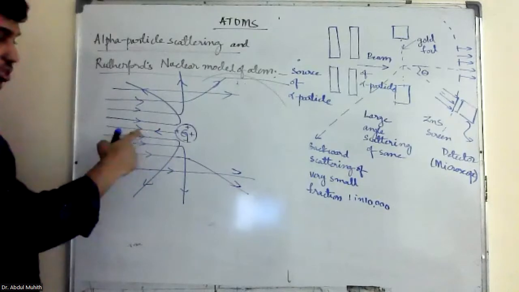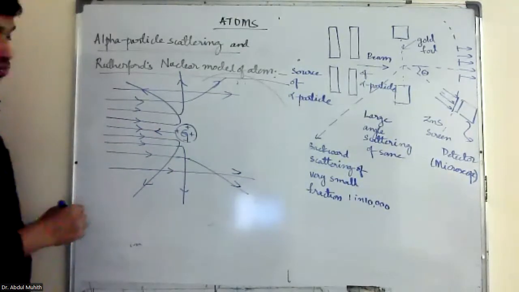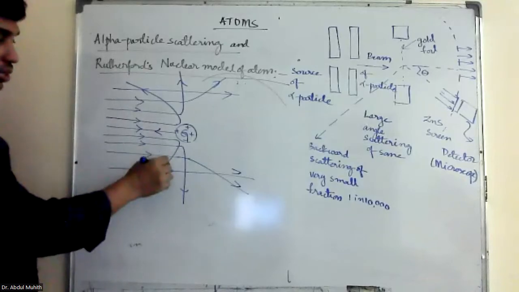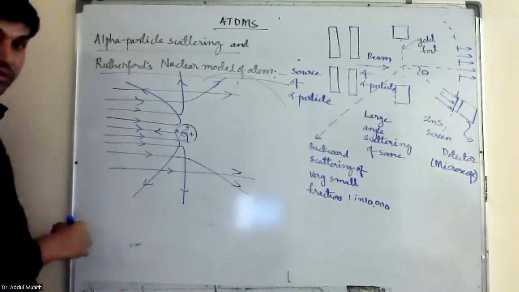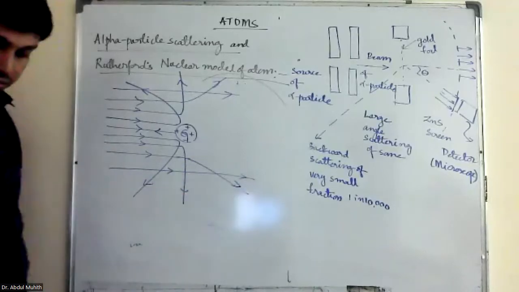This is one head-on collision, which happens 1 in 10,000. Most of the particles, the closer the particle, the more deflection will take place. The farther the particle, the less the deviation. Okay, this is the first one.